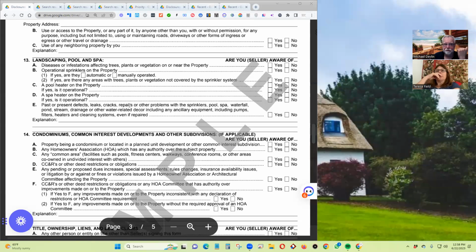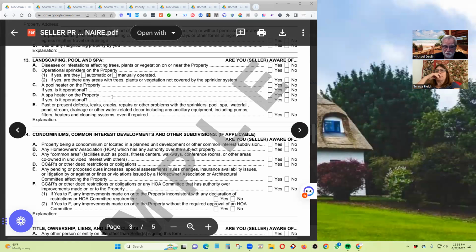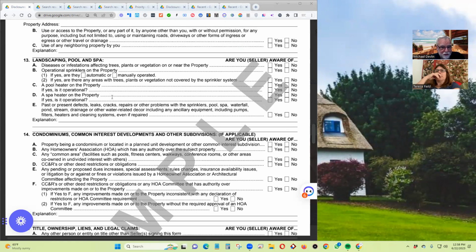Landscaping, pool and spa, if you have one. You've probably got landscaping, but that's not always the case. But do you have any defects? Do you have a pool? Do you have a spa? Now, by the way, if you've got a pool, I would recommend a pool inspection. And if the seller doesn't get one, the buyer ought to get one.